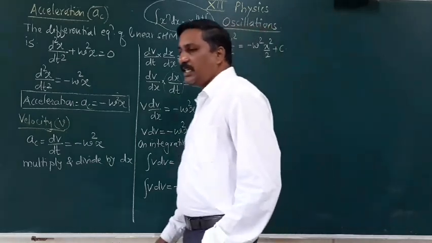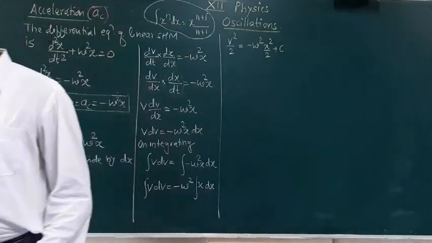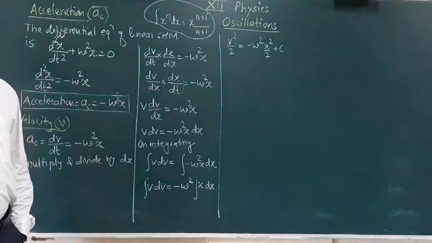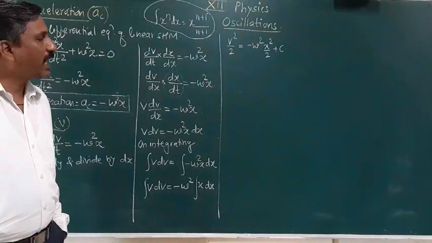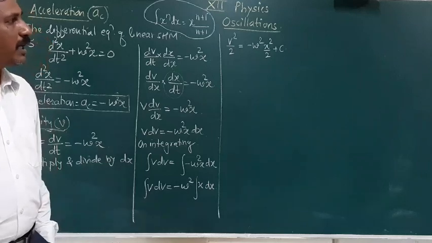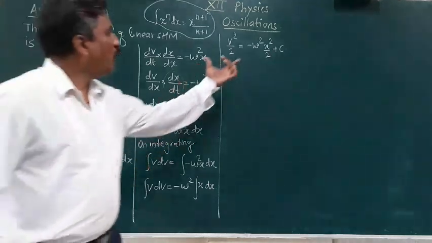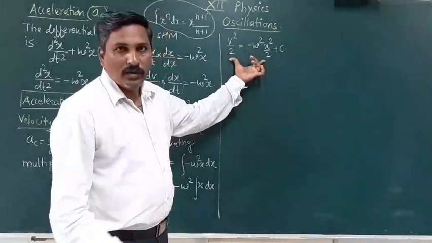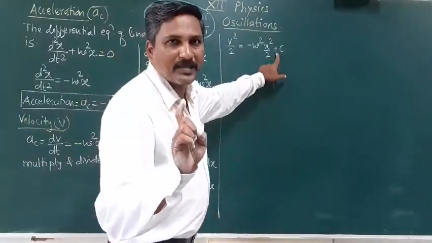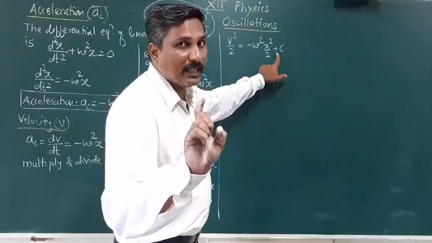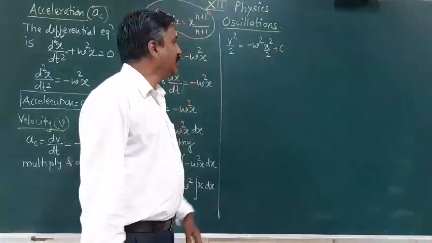What is c? c is my constant of integration. So I am getting the equation v square by 2 equals minus omega square x square by 2 plus c. Don't cancel this 2, because the denominator of c is not present, which means its value is 1, not 2.